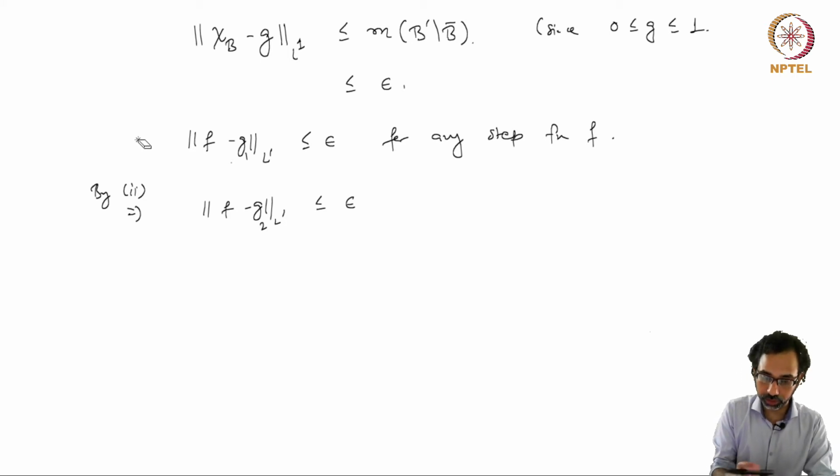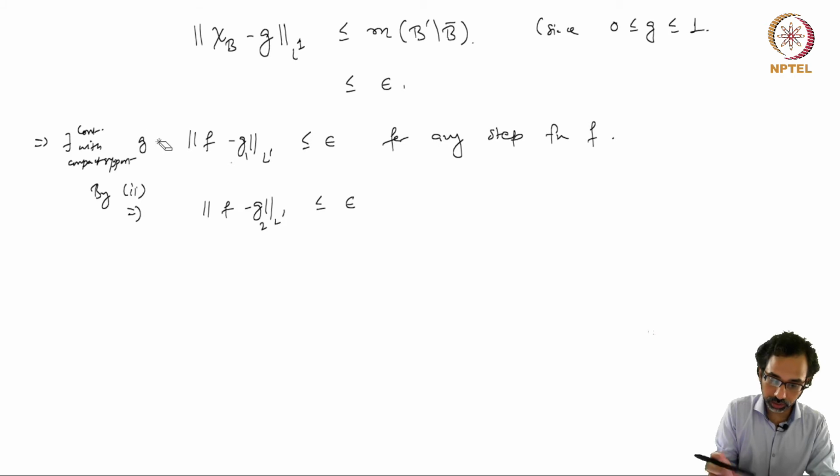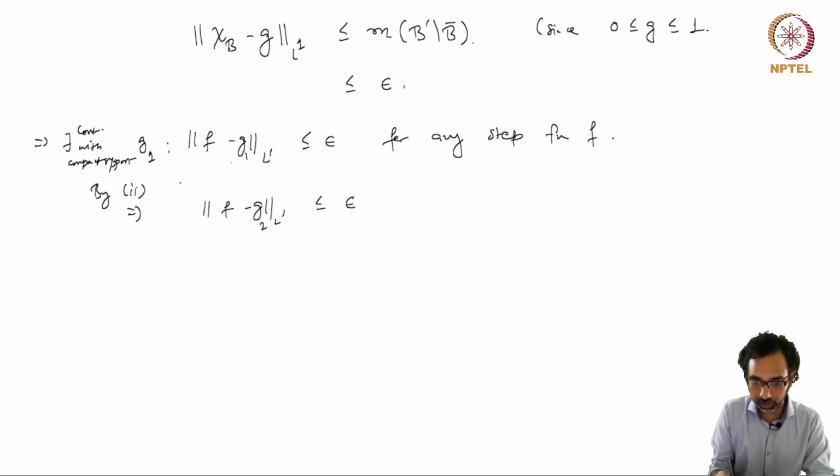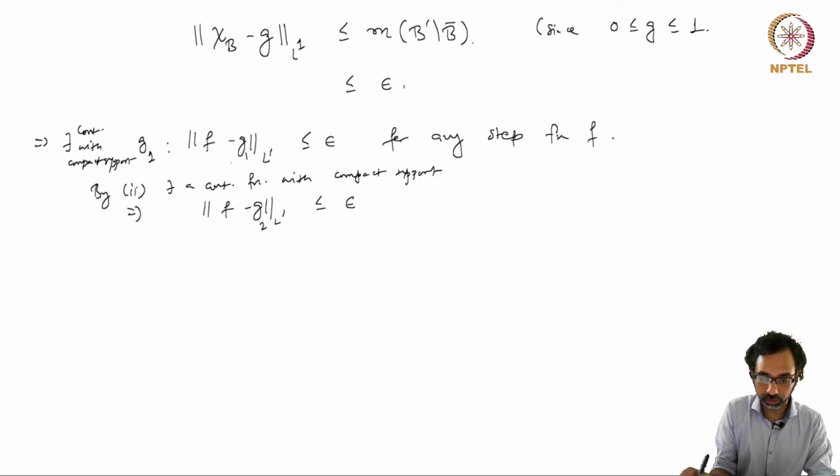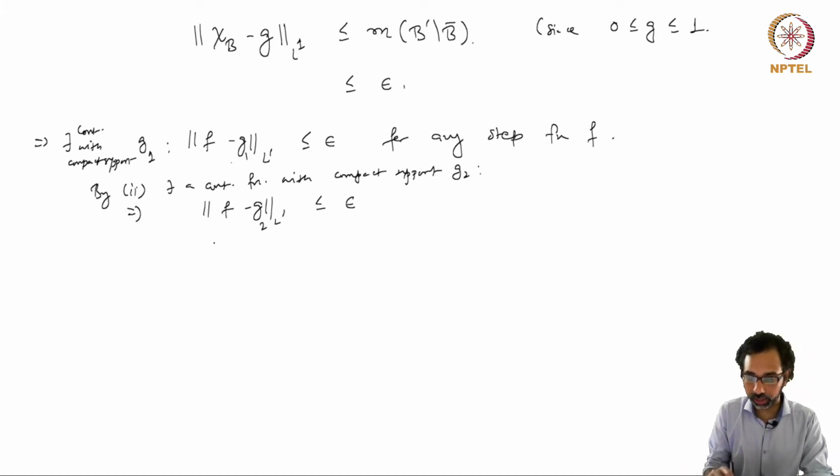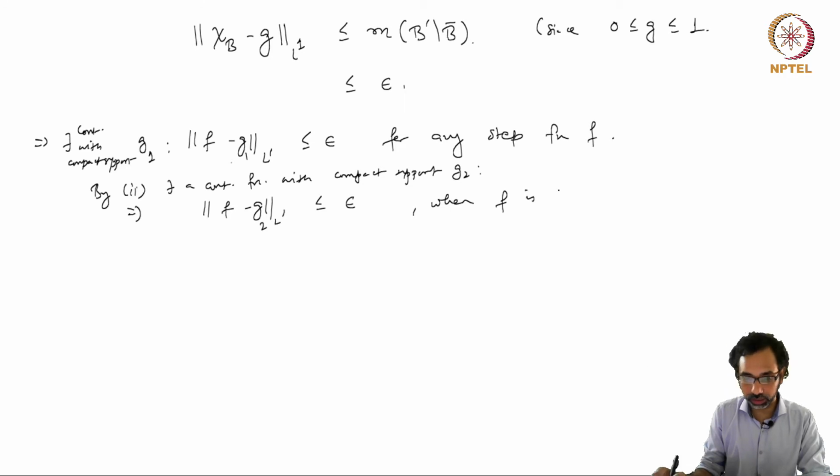So here there exists a continuous function with compact support g1 such that this happens, and here there exists a continuous function with compact support g2 such that f minus g2 has L1 norm less than or equal to epsilon when f is a general L1 function.